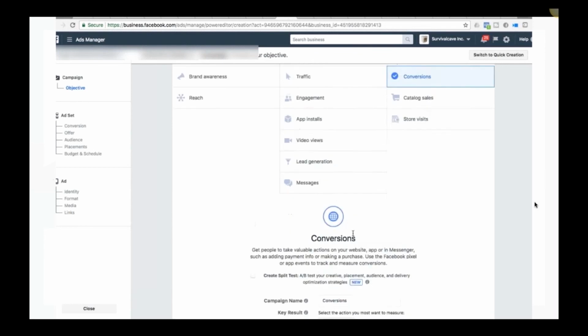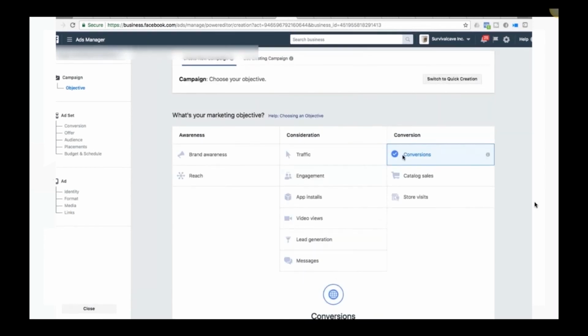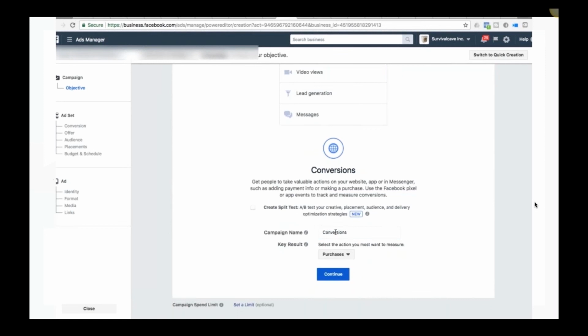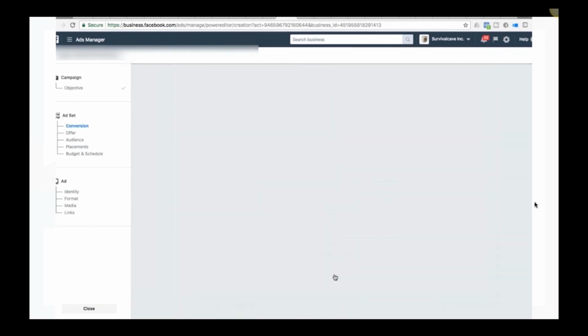So in the purchases one, what I'm going to probably do is I'm going to put whatever the product is. So I may say CrossFit pants, whatever I'm selling, doesn't matter, okay? So that way I know that this campaign name is for CrossFit pants and that's what I'm selling. So I'm going to hit continue here.